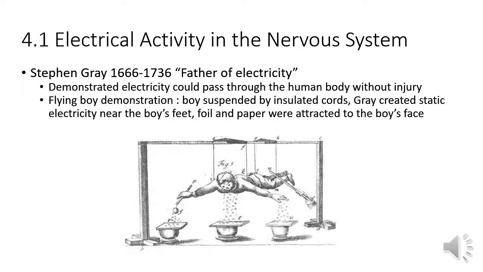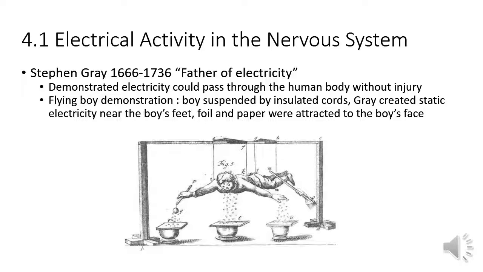Okay, so starting on the lecture material, here in section 4.1, electrical activity in the nervous system. A little better background on electricity in the nervous system. Stephen Gray, who's considered kind of the father of electricity starting in the late 1600s, demonstrated that electricity could pass through the human body without injuring the individual.